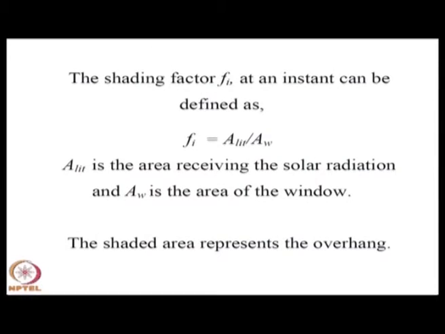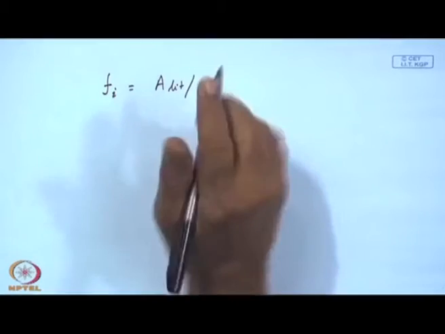If there is no shading, A lit is equal to AW, so Fi will be equal to 1.